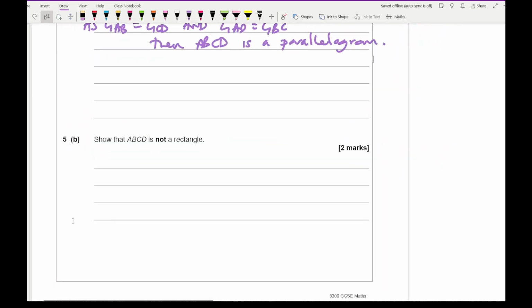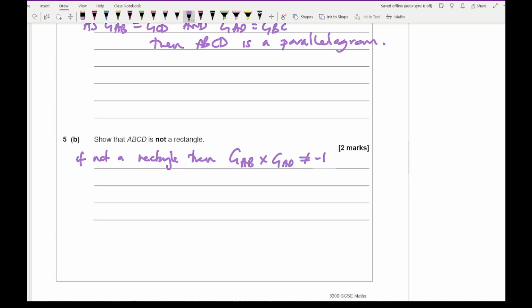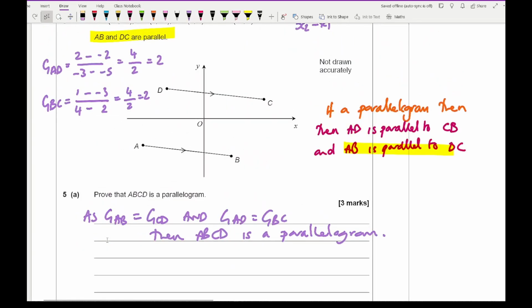Then moving on to question 5b, show that ABCD is not a rectangle. So what you've got to say is if it's not a rectangle, then the gradient of AB times the gradient of AD is not equal to minus 1, because if it's a rectangle we have perpendicular lines.